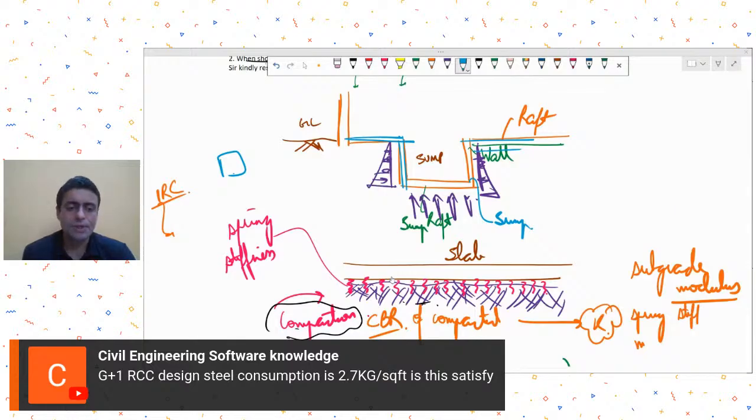Then this much, 2.7 kg per square feet consumption, is achievable. And for normal residential type of loading, let's say 2.5 kilonewton per square meter live load, normal floor finishes, normal brick walls, this type of consumption is possible, provided all these conditions are met. All right.